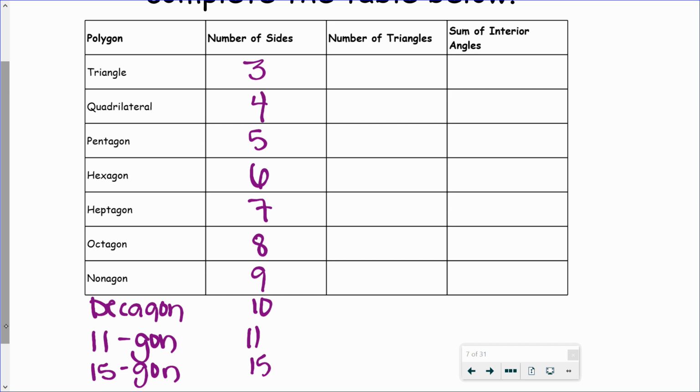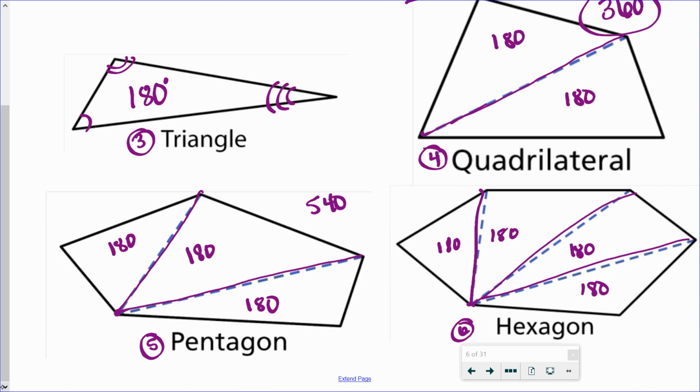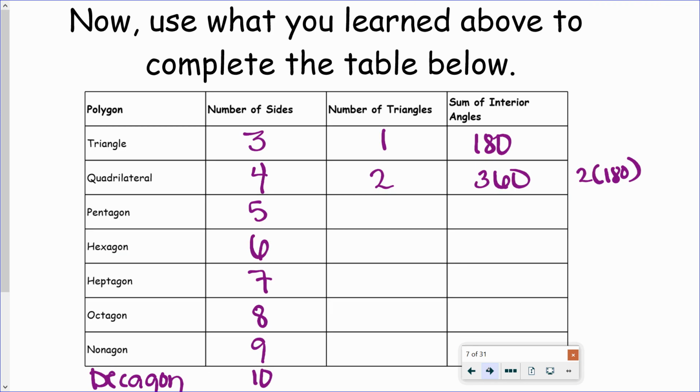How many triangles are within a triangle? There's only 1 triangle, and we talked about that the sum of the interior angles was 180. A quadrilateral had 2 triangles, so 2 times 180 was 360. For a pentagon, if you go back to our previous slide, the number of triangles was 3, and then a hexagon had 4 triangles.